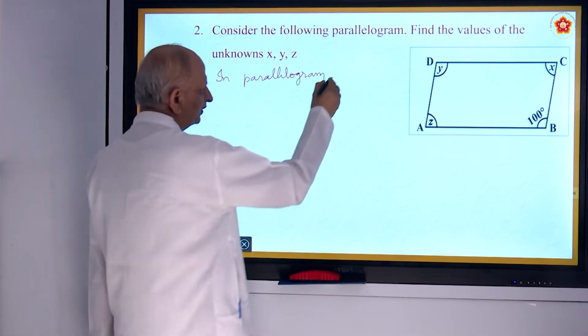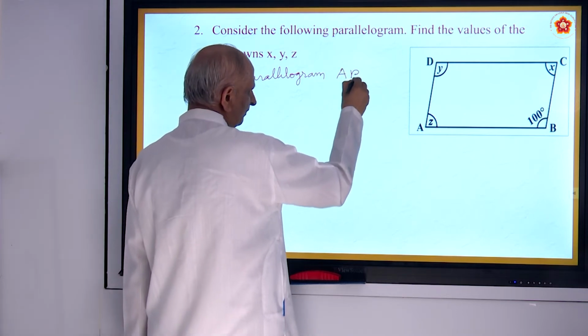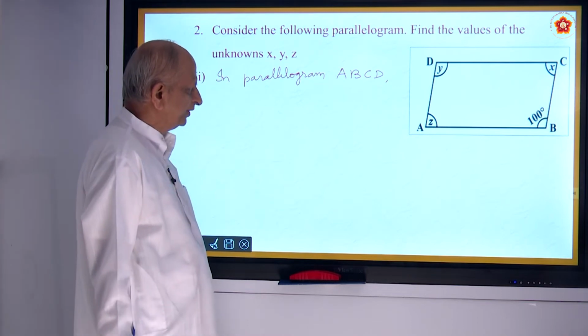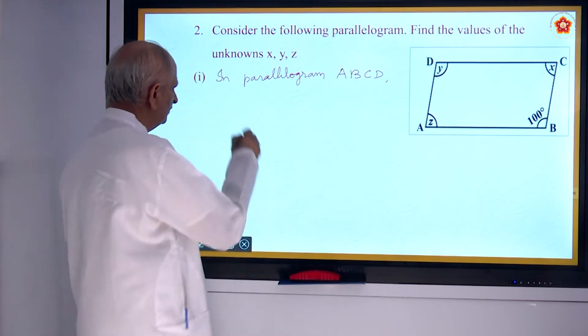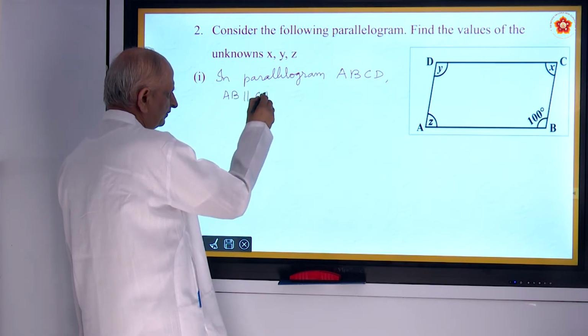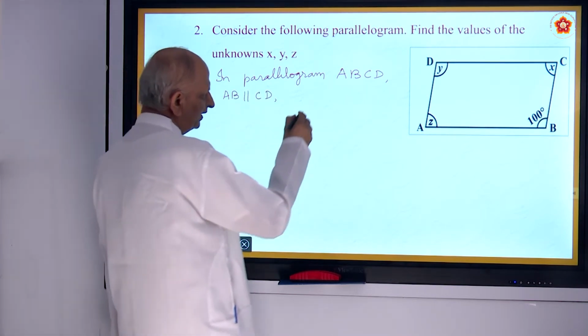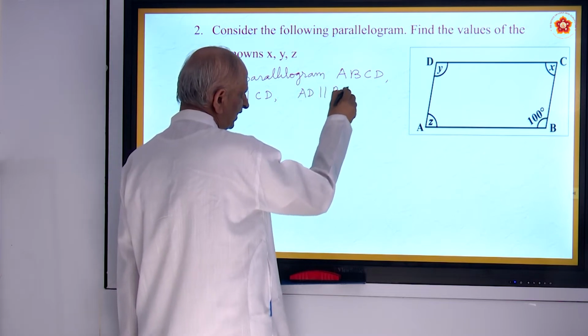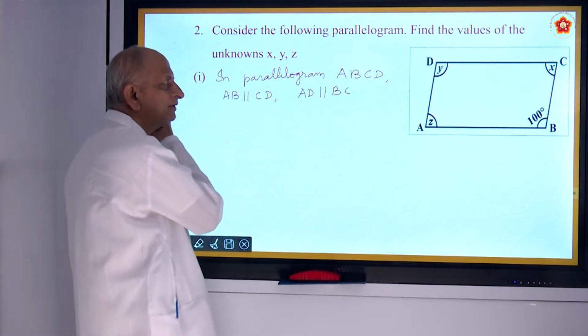Okay. What is the name of the parallelogram? A, B, C, D. So, when you say parallelogram, we have AB is parallel to CD, and then AD is parallel to BC. Opposite sides are equal and parallel.